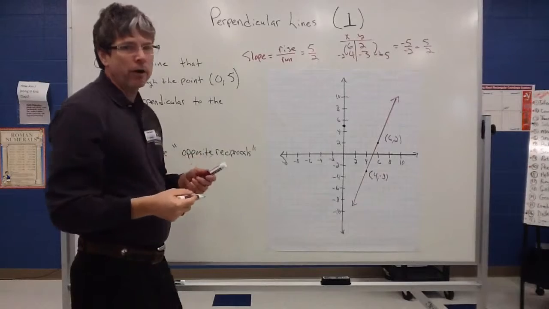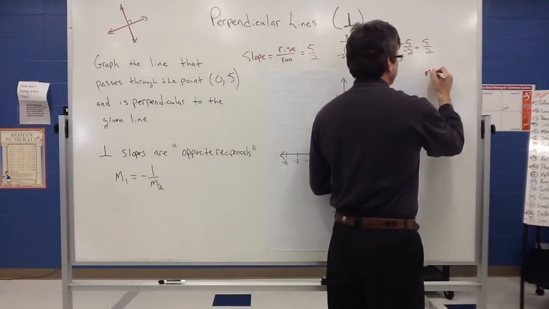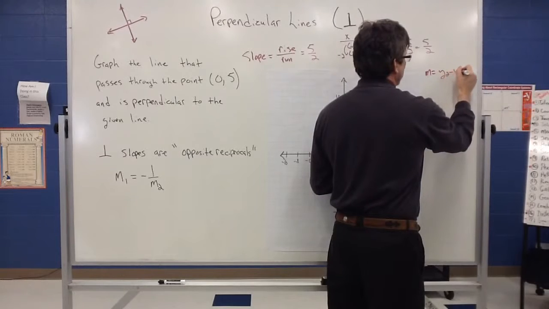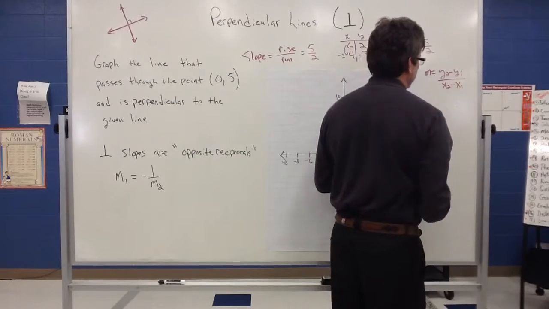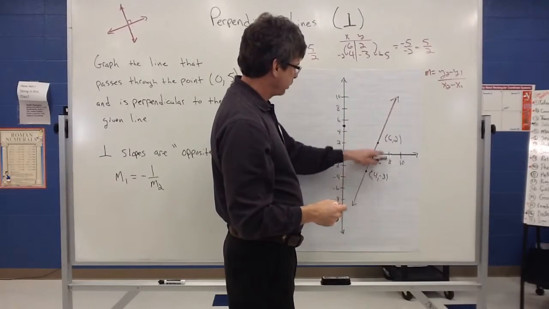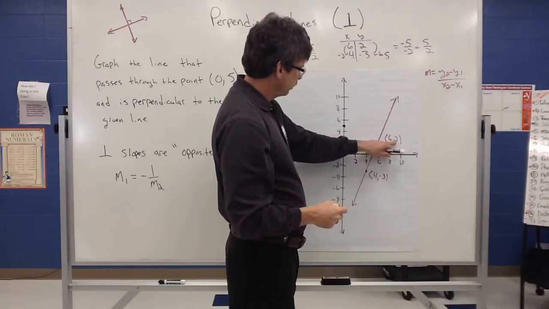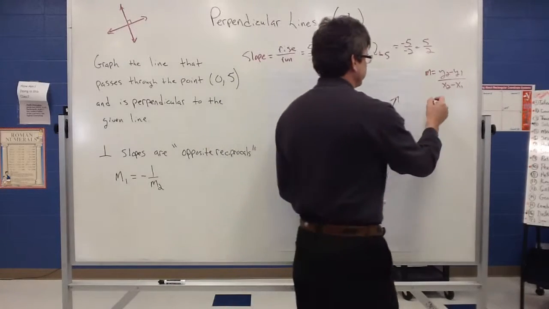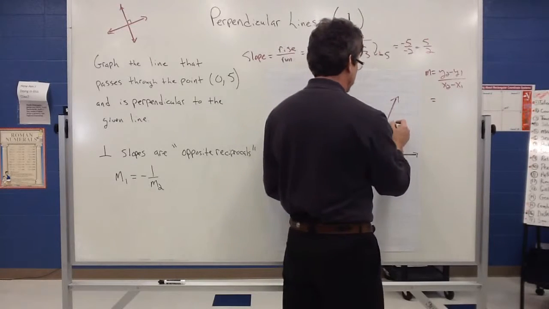And don't forget, we also have our slope formula that says m is equal to y2 minus y1 over x2 minus x1. So I can also use my slope formula. Pick whichever point, I call this point 2 and this is point 1, so let's just label that.